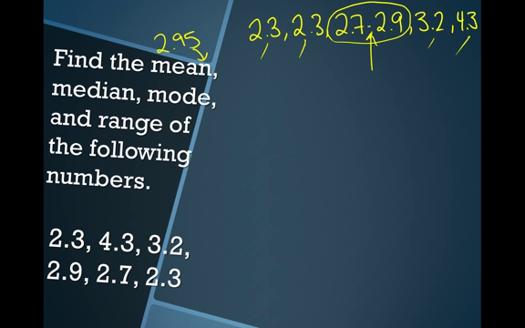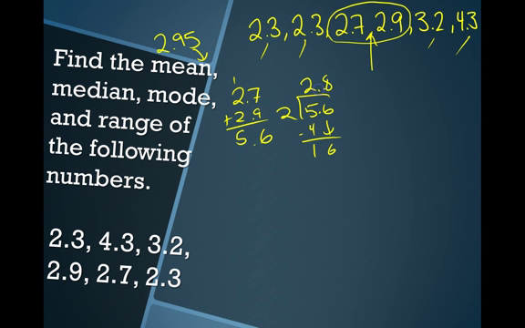So I have to take the mean of these two numbers. So I had 2.7 plus 2.9, that's 5.6. Since I had 2 different values, I take 5.6 divided by 2, and that is 2.8. So 2.8 is my median.